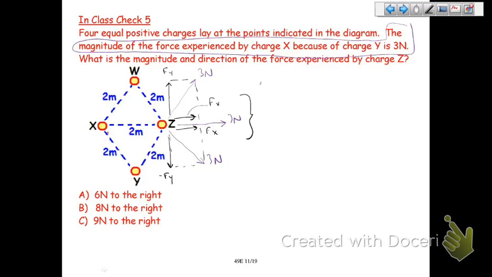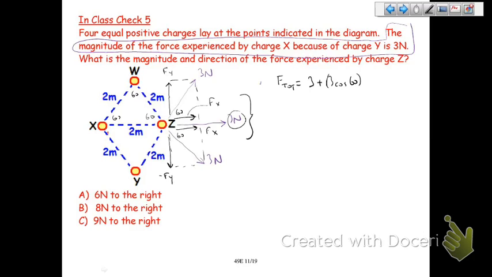I say the total F total is equal to, let's have a look at this. It's going to be 3 plus, that's that one taken care of. This is a 60-degree triangle. So that's 60, that would be 3 cosine 60.